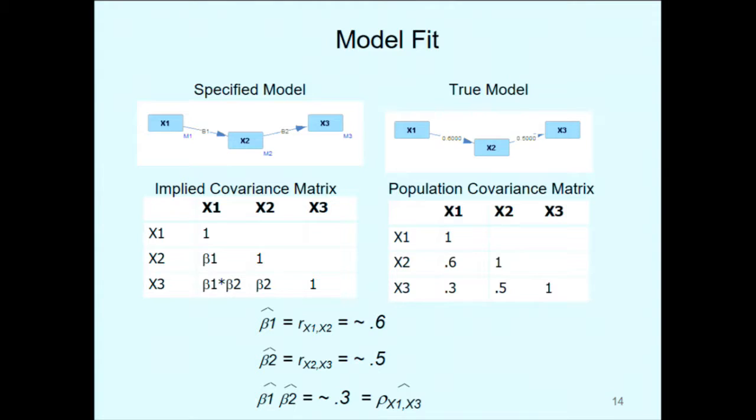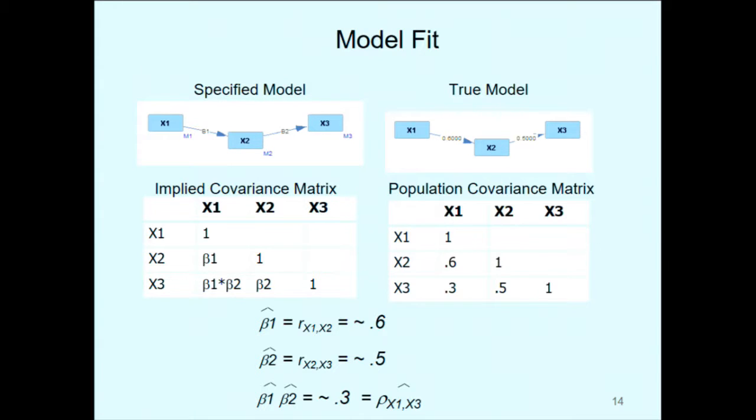When I estimate the parameters of this model, here's what I'm actually constrained to be estimating by the implied covariance matrix. Beta 1 will be the only thing governing the x1, x2 correlation. Beta 2 will be governing the x2, x3 correlation. And then I don't have a third parameter to do the x1, x3 correlation.